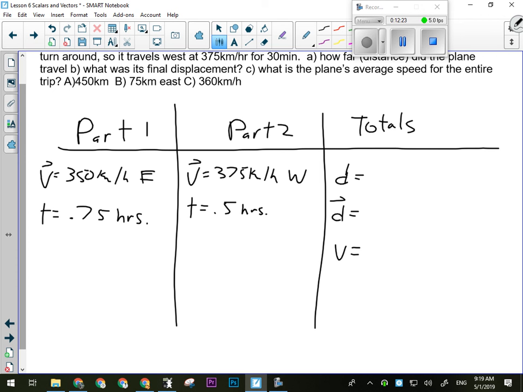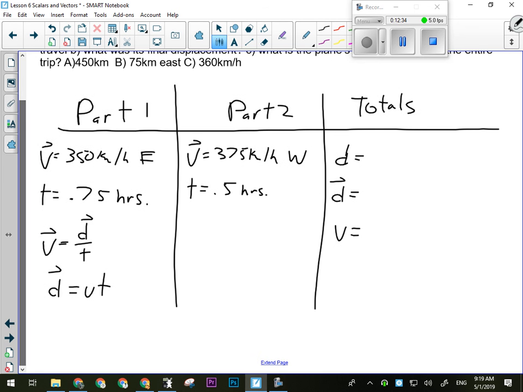All right, so I'm going to calculate that quickly by taking v equals d over t and manipulating it for d. All right, so d will equal v times t. Okay, and we'll plug in our numbers. So 350 times 0.75.